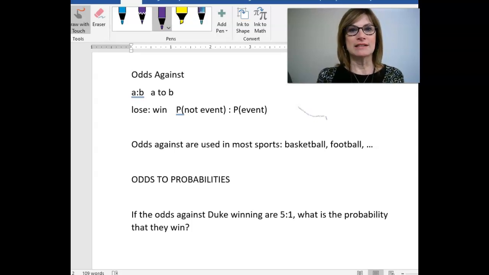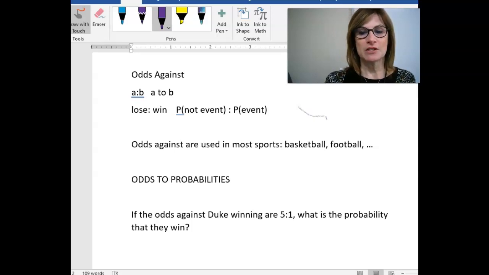So odds against will be losing to winning if you're doing sports. Or if you're doing weather, like the odds against the hurricane will be the event not happening to the event happening. Or the odds against someone taking the bus to work would be not taking the bus to taking the bus. Not happening to happening.